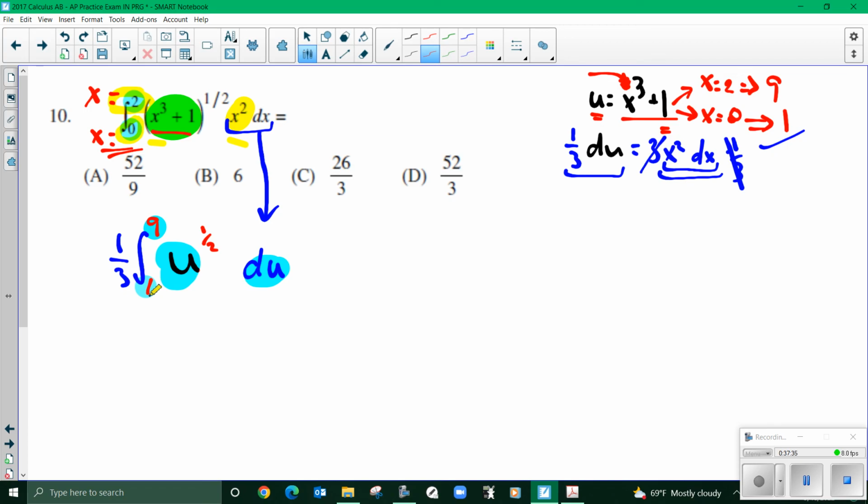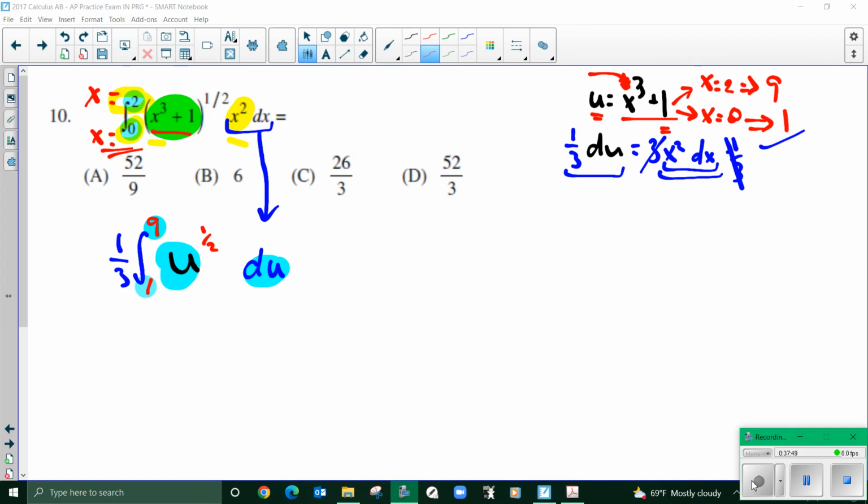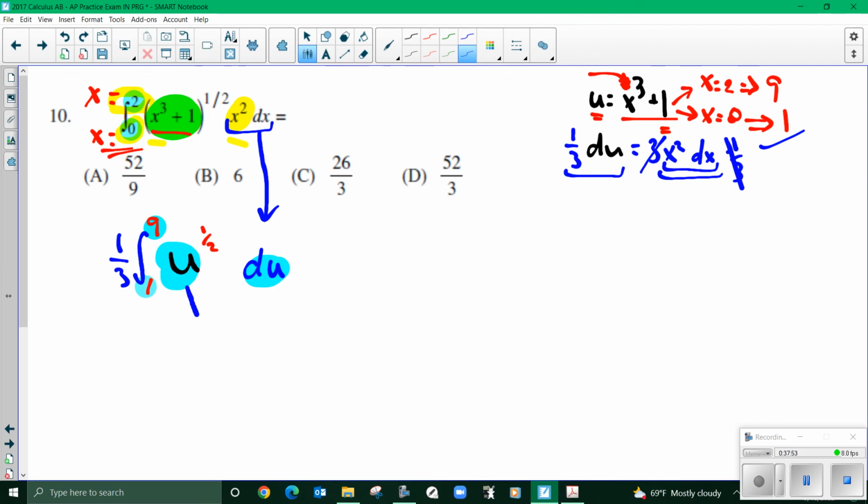This is a million times easier to integrate. All right, so I add 1 to my exponent, and then I divide by that value. And something we need to keep in mind is as follows, okay? That's going to be u. If I add 1, it's going to be 3/2.